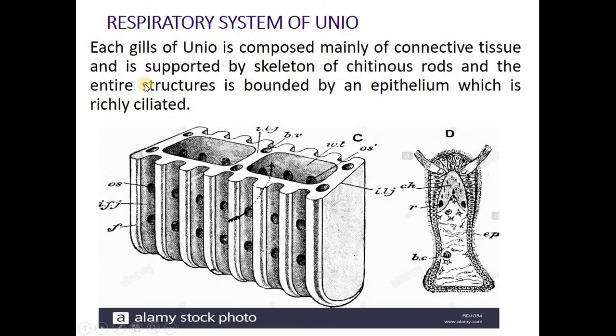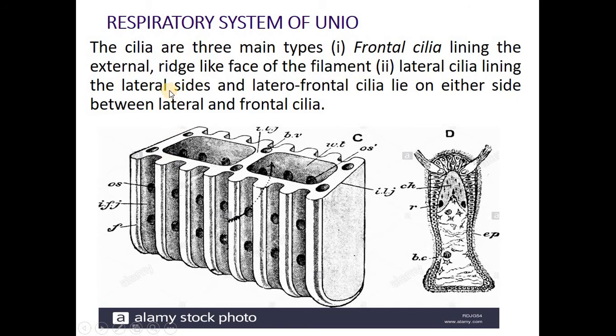Now here, each gill of the Unio is composed mainly of connective tissue supported by a skeleton of chitinous rods, and the entire structure is bounded by epithelium, which is richly ciliated. Now this is one gill filament. Now the cilia are of three main types in the gill filaments.